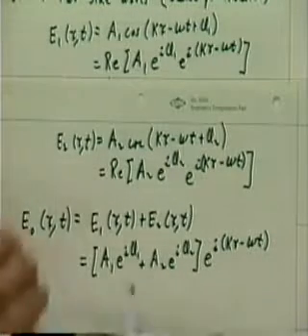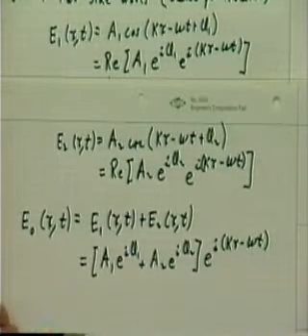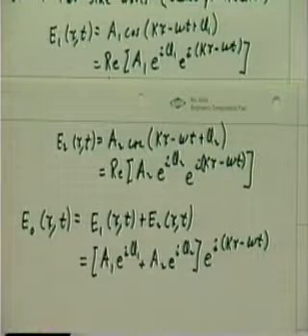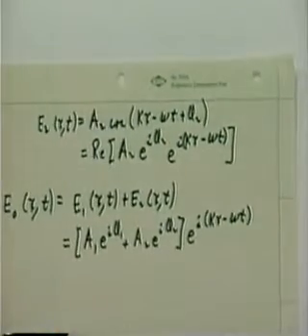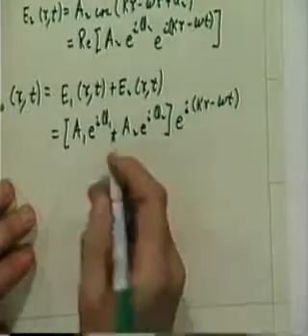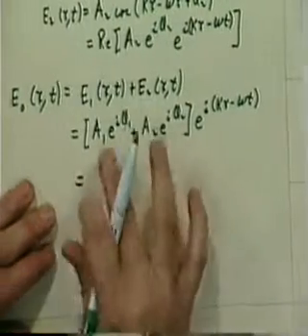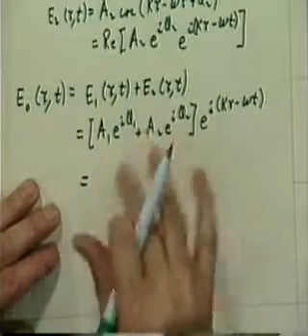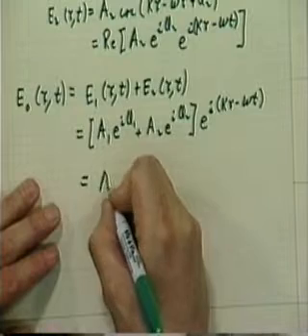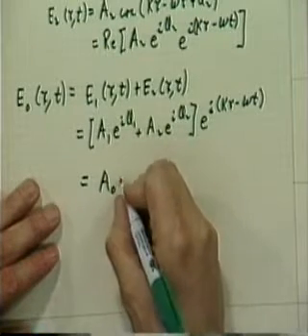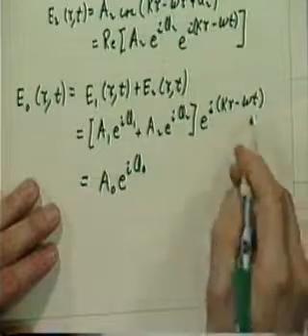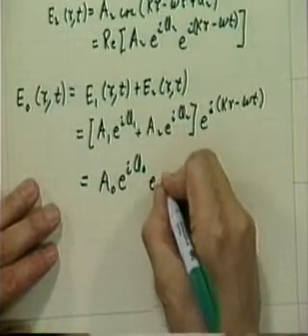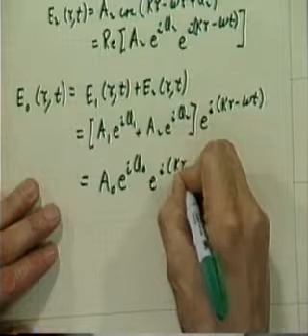So that's the sum. And so we could rewrite that as, this is some complex number, which I can write as A0 e to the i phi 0, and then I have e to the i kx minus omega t.